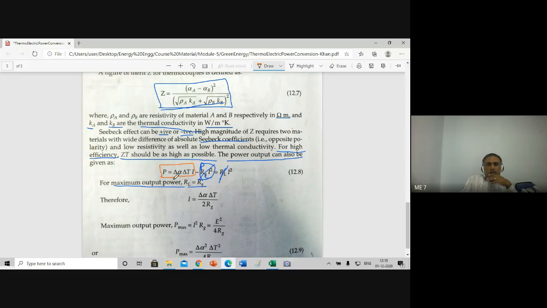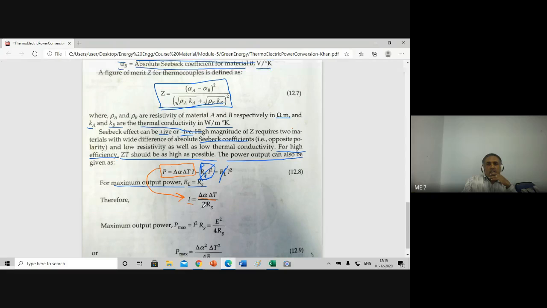So from this, I is equal to delta alpha into delta T divided by 2Rg.